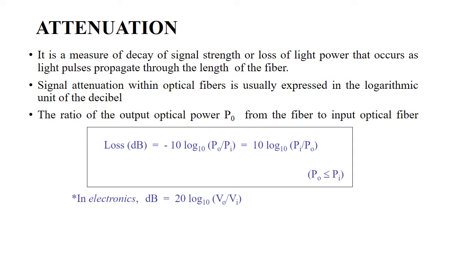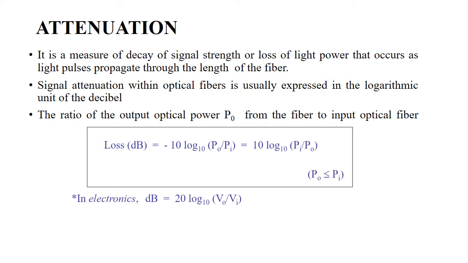It plays a major role in determining the maximum transmission distance between the optical transmitter and the receiver without using any repeater. The signal attenuation within the optical fiber is expressed in the logarithmic unit of decibel.